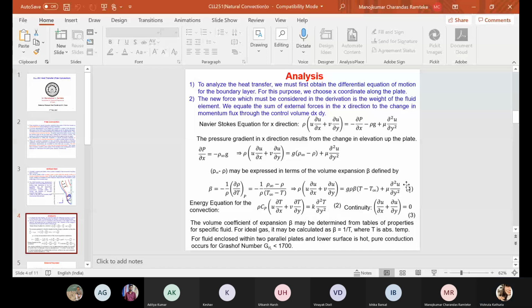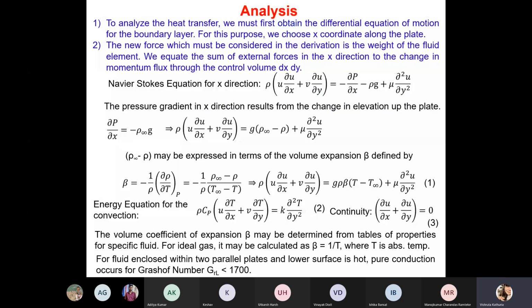Where is the doubt? In the energy equation for convection, yes. Yes, sir. So we did not include the mu phi term, which is supposed to be there for the heat transfer. What is this term you are saying? Sir, it is related to the viscosity, the viscous dissipation. We did it last year in transport phenomena. Yes.